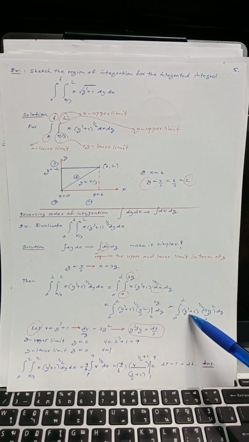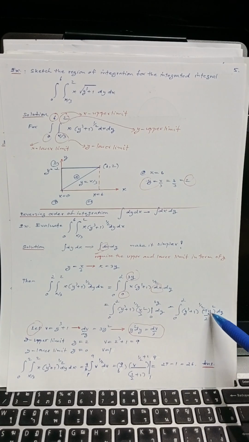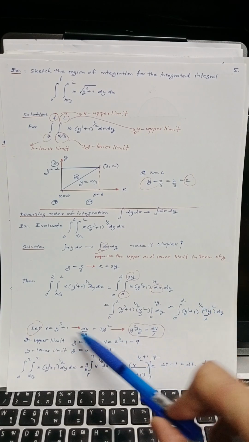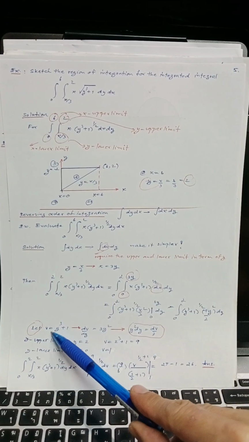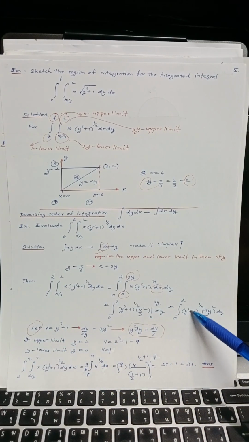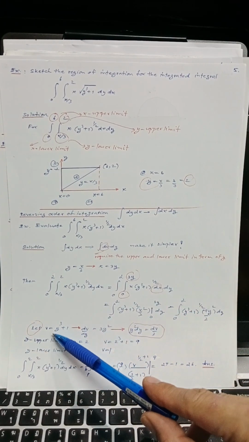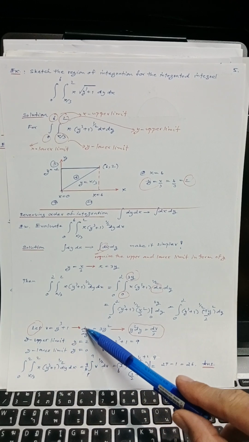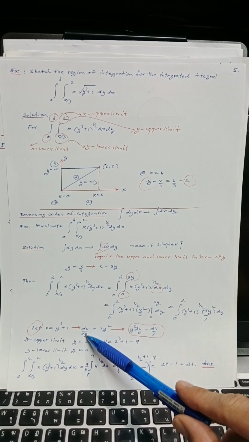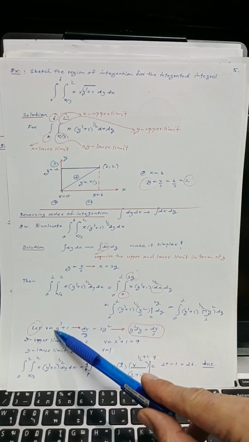We need to recall another technique of integration, because you have y cubed in the square root, and you have y squared right here. So I let v equal to y cubed plus 1, right? And differentiate v with respect to y, that gives you 3y squared.